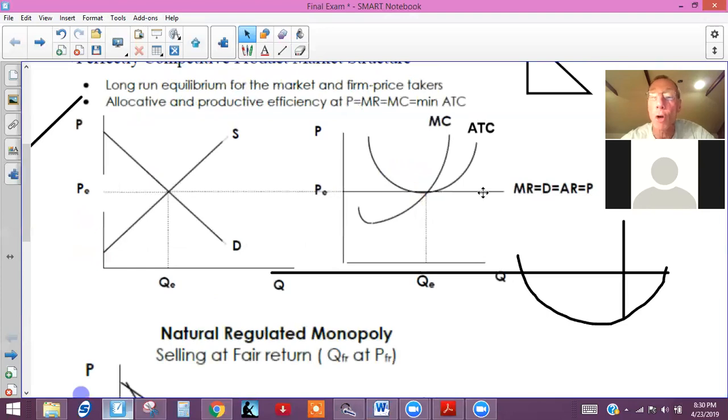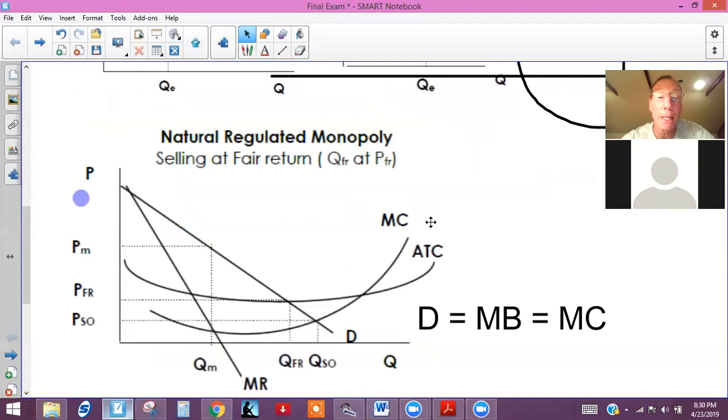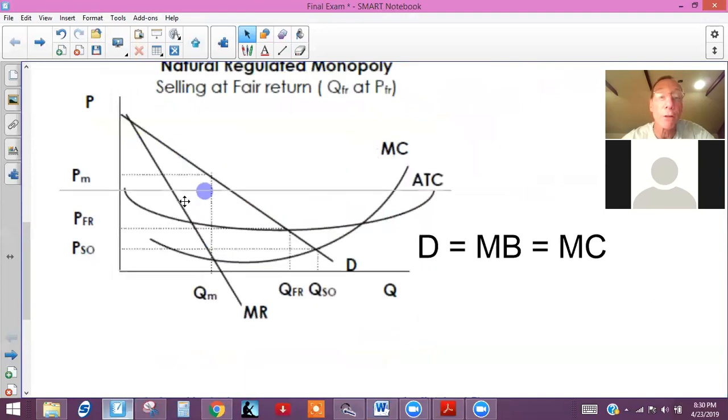In a monopoly, demand and marginal revenue are different. They're both downward sloping, but the marginal revenue is more downward sloping. So they're going to always produce where marginal revenue equals marginal cost, but price is way up here.